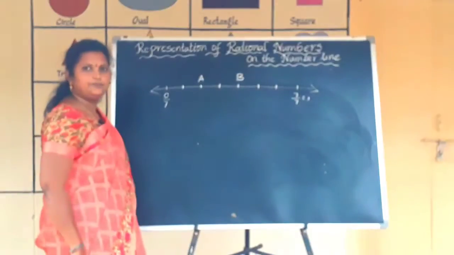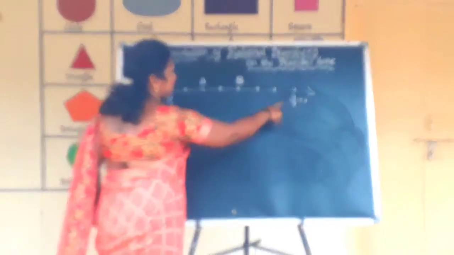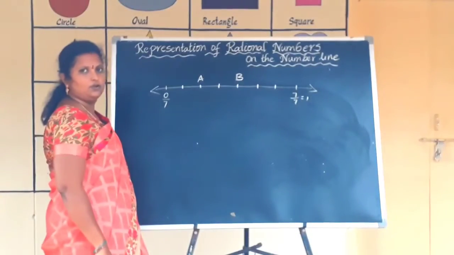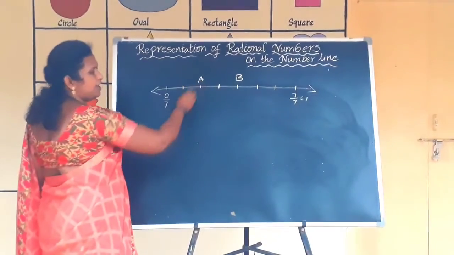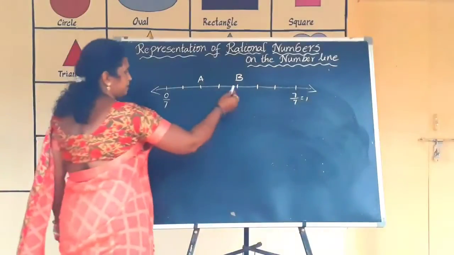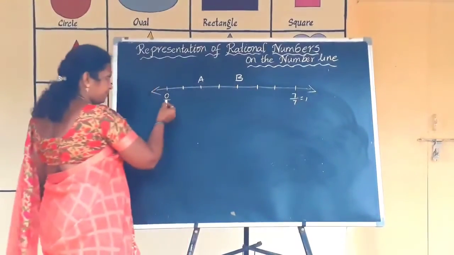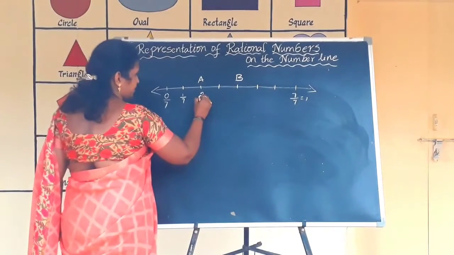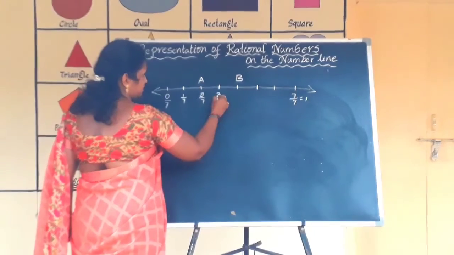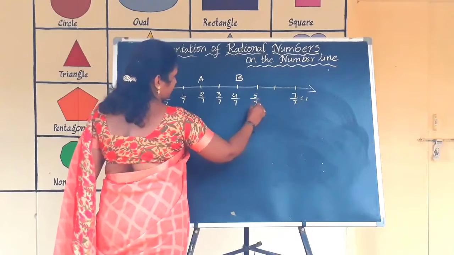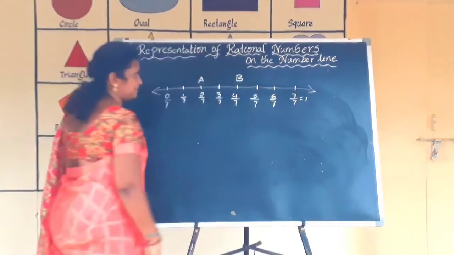Here there is a number line. Here the space between 0 and 1 is divided into 7 equal parts. The first part is 0 by 7, next it is 1 by 7, and it is 2 by 7, this is 3 by 7, and this is 4 by 7, and this is 5 by 7, and this is 6 by 7.